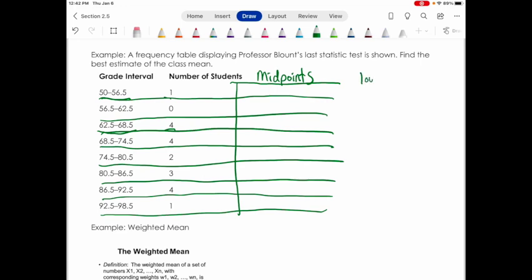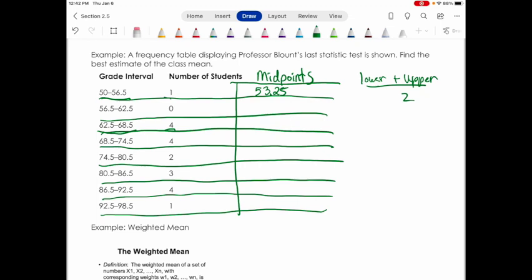If you forget how to do that, you add the lower bound, you add the upper bound, and then you divide by 2. That will give you the midpoint. So in this first interval, my lower bound is 50, my upper bound is 56.5. I'm going to add those together and divide by 2, and I'm going to get that the midpoint is 53.25.